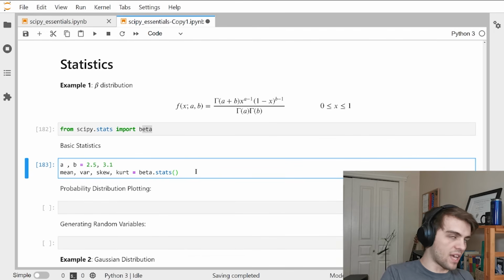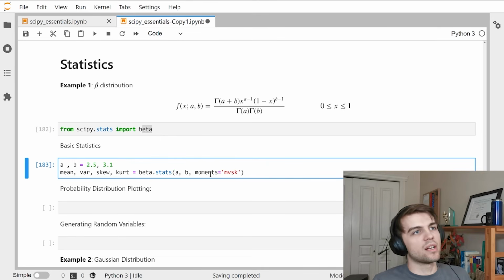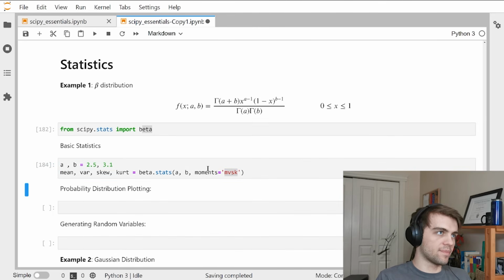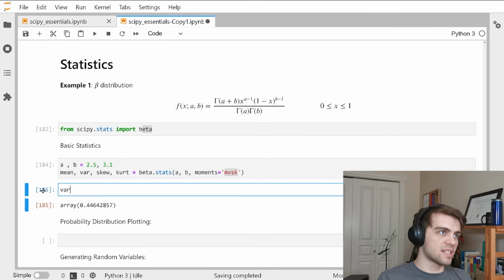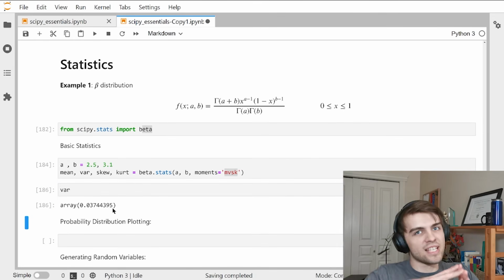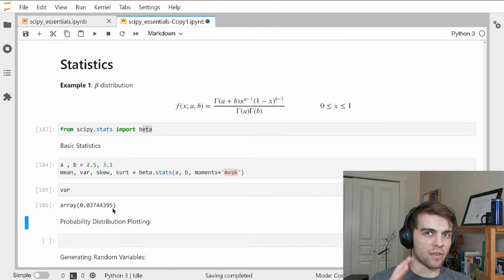I give it the values of A and B. And I specify which moments I want: mean, variance, skewness, kurtosis. And it knows to return 4 things, right? And then I know exactly what my mean value is and what the variance is for the distribution. So it's very easy to get statistics from a distribution very quickly with SciPy. A lot of times, maybe that's all you need.